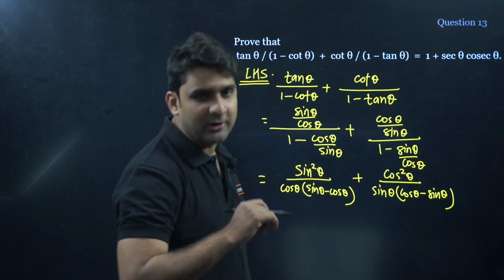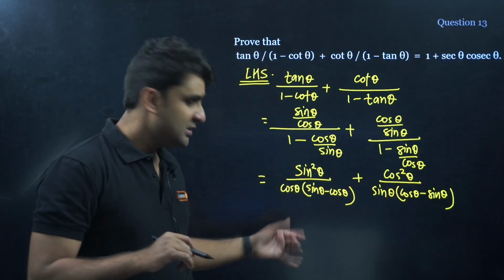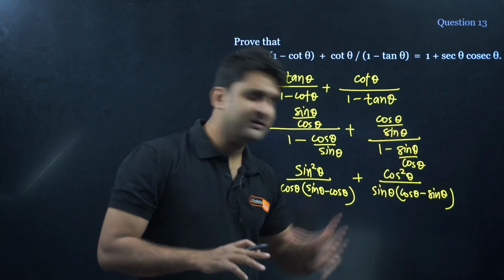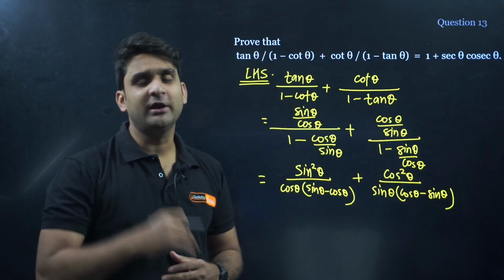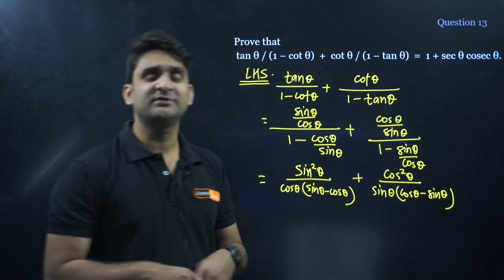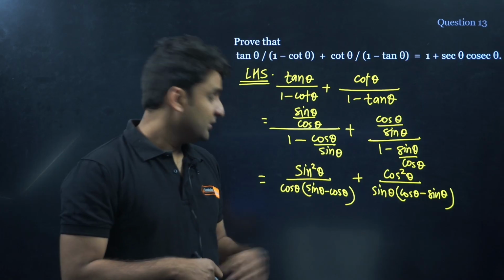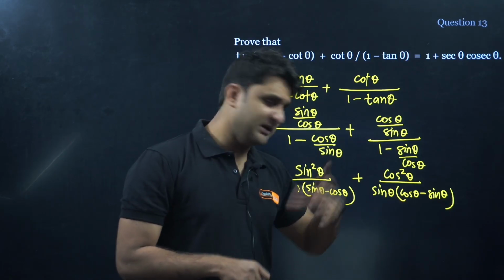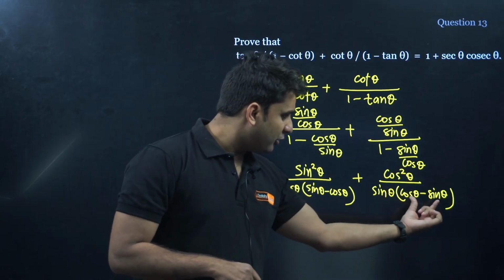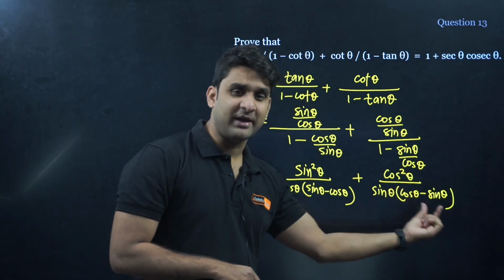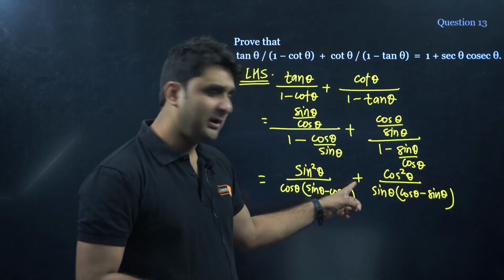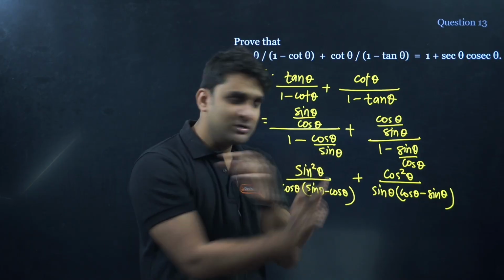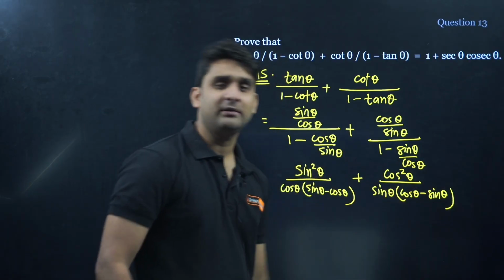Now, my dear champion, look at both the families. This is sin theta minus cos theta, and this is cos theta minus sin theta. What can we do to make both the brackets the same? Sine is positive, cos is negative, but here cos is positive, sine is negative. So if we take a common minus sign from this bracket, the minus will affect the sign and the bracket will interchange: sine will come first and cos will go at the back.